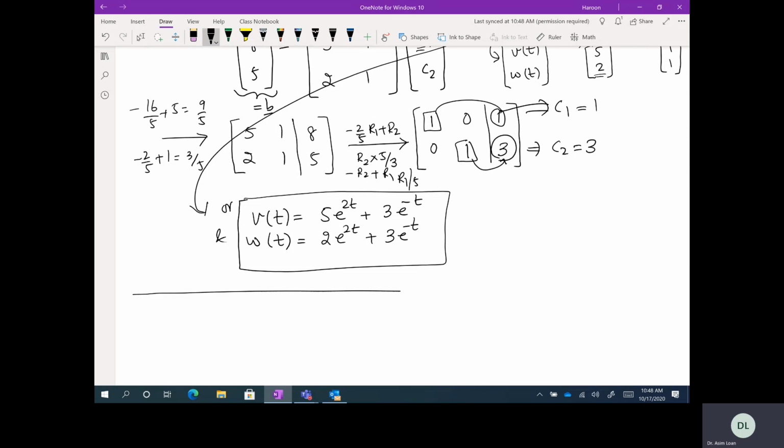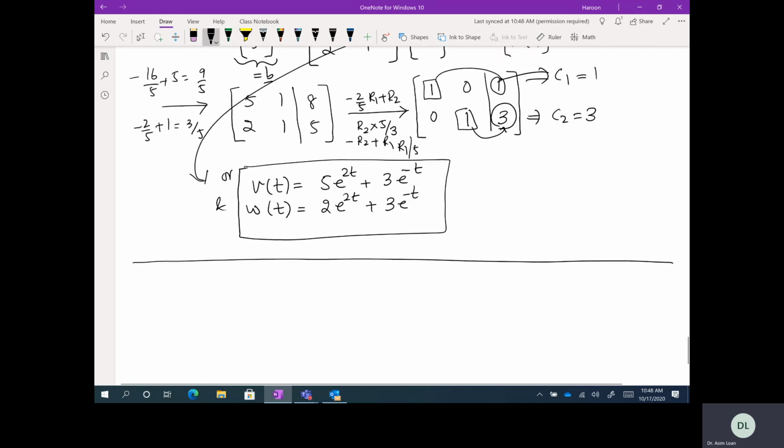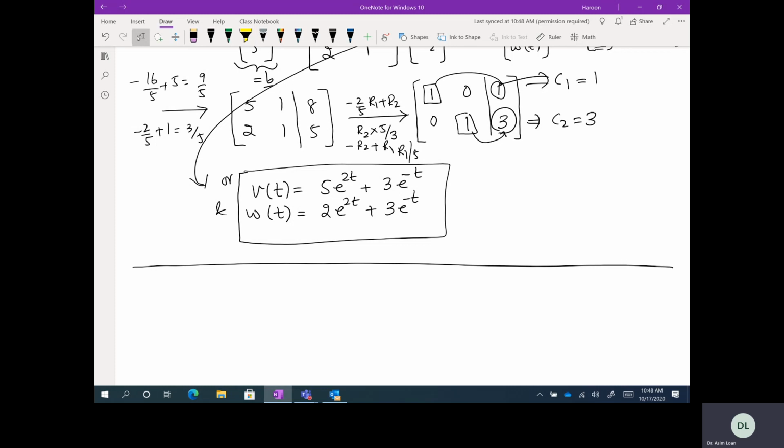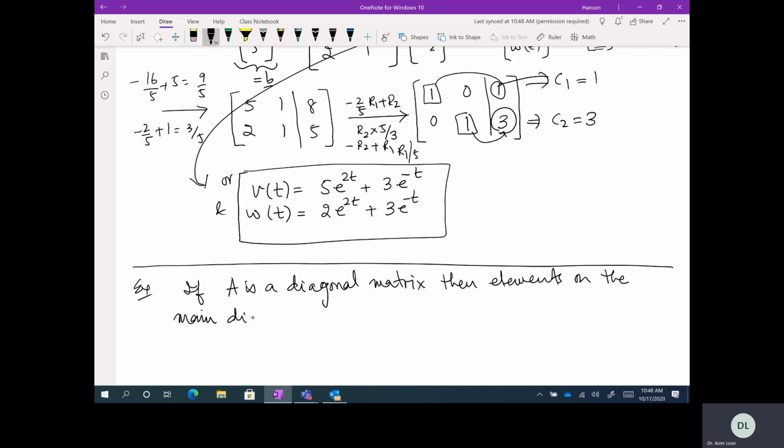Also, in some cases, it is much easier to find eigenvalues than computing the determinant. For example, if A is a diagonal matrix, then the elements on the main diagonal are the eigenvalues.